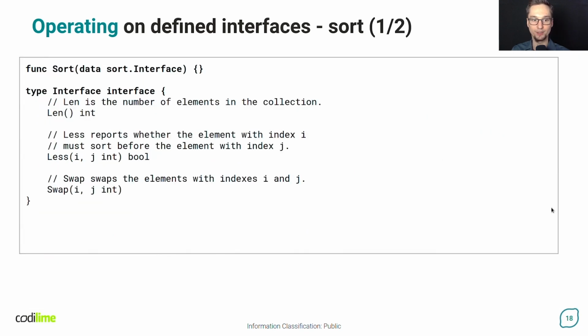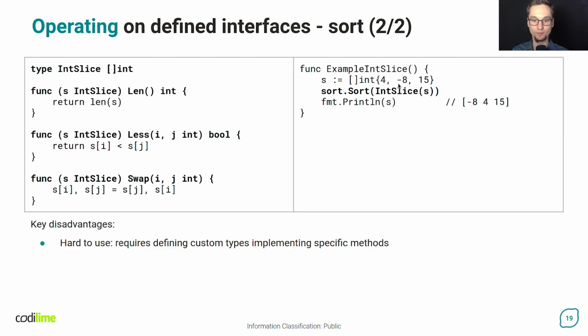However, this approach is widely used. For example, in the standard library, the sort function in the sort package takes data wrapped inside the sort interface. And to use such a function, the caller needs to wrap his data in a type that implements this interface.